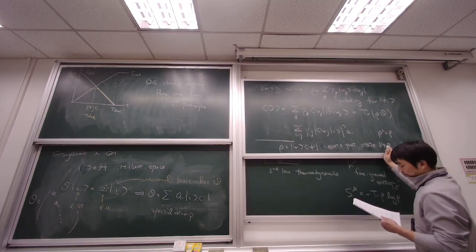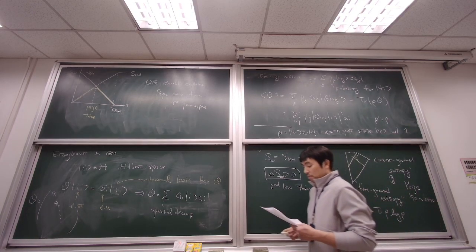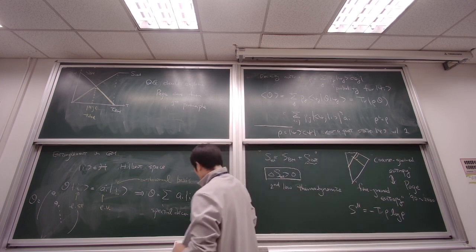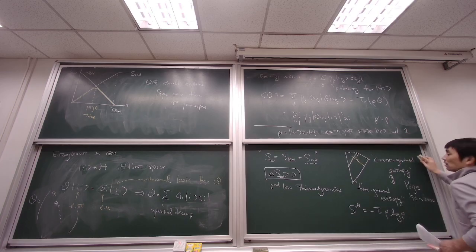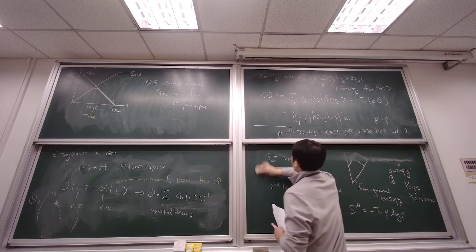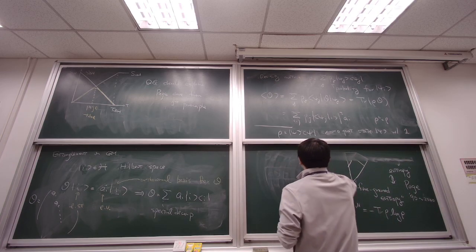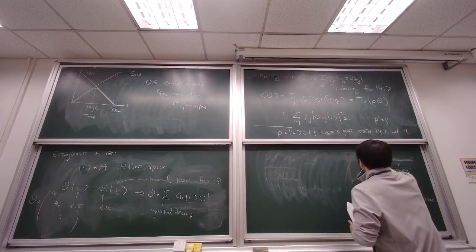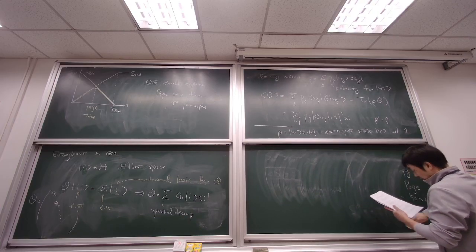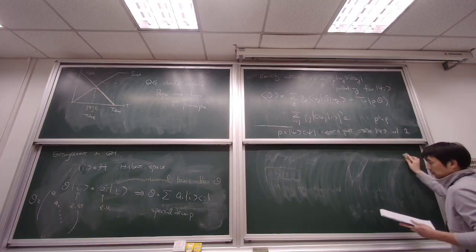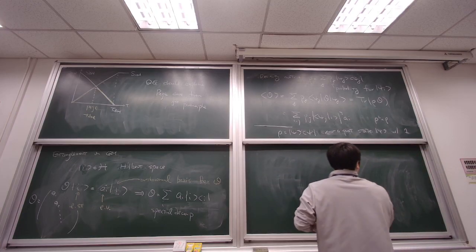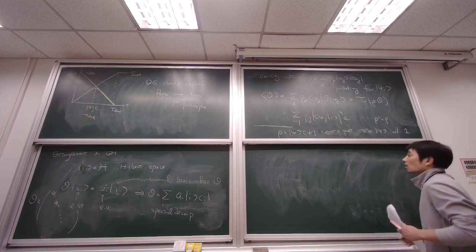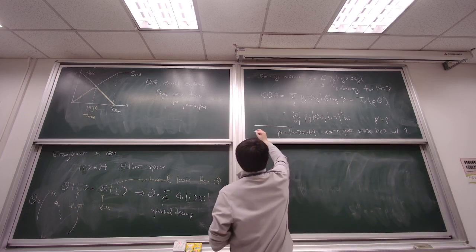That's the important property. Otherwise it's called the mixed state. So this is the definition of pure state. This is called pure state.